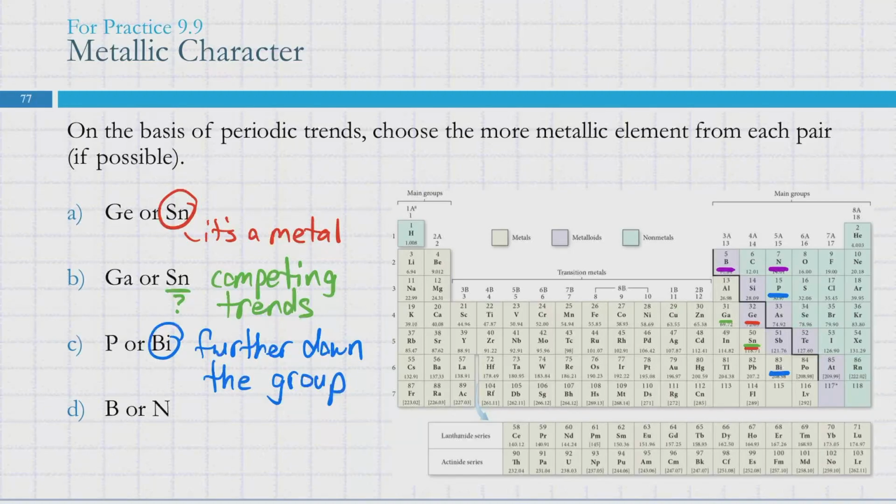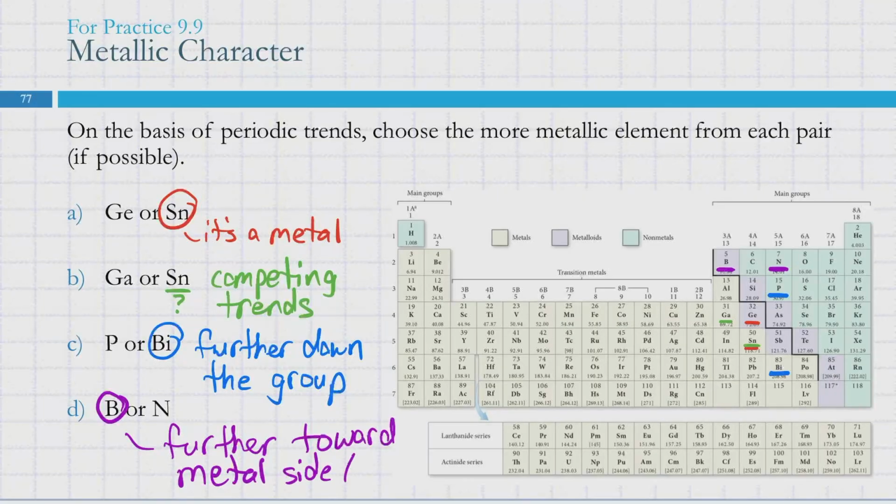Which one's more metallic? It's boron. They're in the same row. So the ones that are further to the left, closer to the metal side, are more metallic. Questions about any of those in particular?